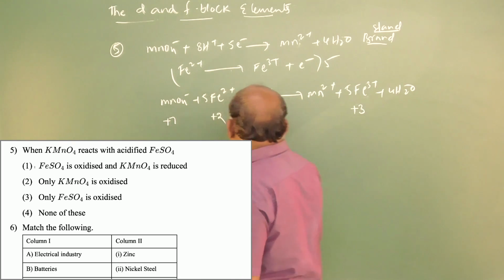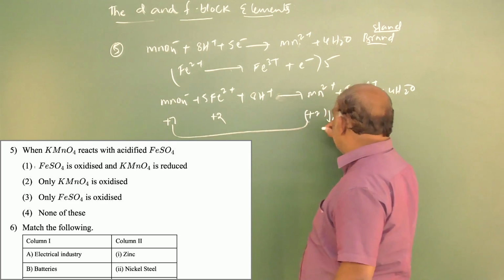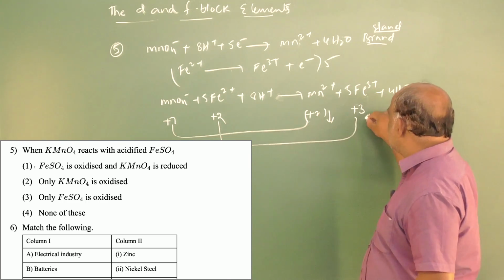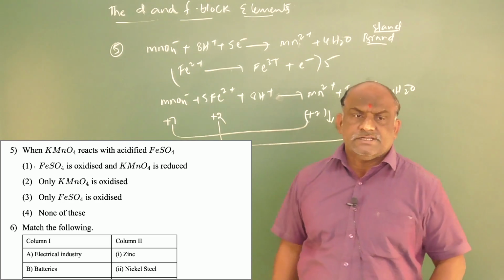Here the oxidation state of iron is plus 2 going to plus 3, and the oxidation state of manganese is plus 7 going to plus 2. Plus 7 to plus 2 decreases, plus 2 to plus 3 increases. Decreases means reduction reaction, increases means oxidation reaction.